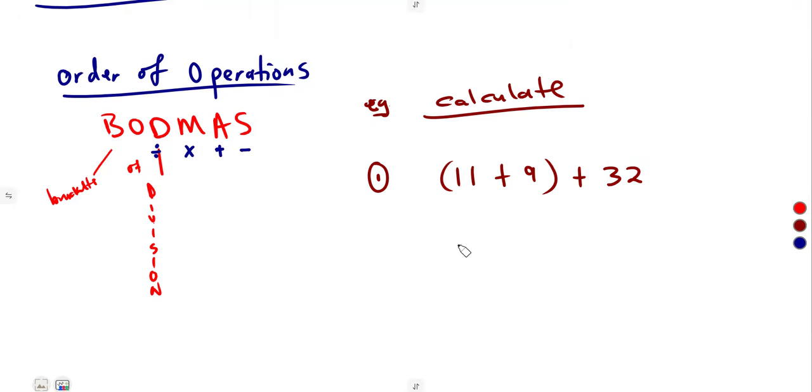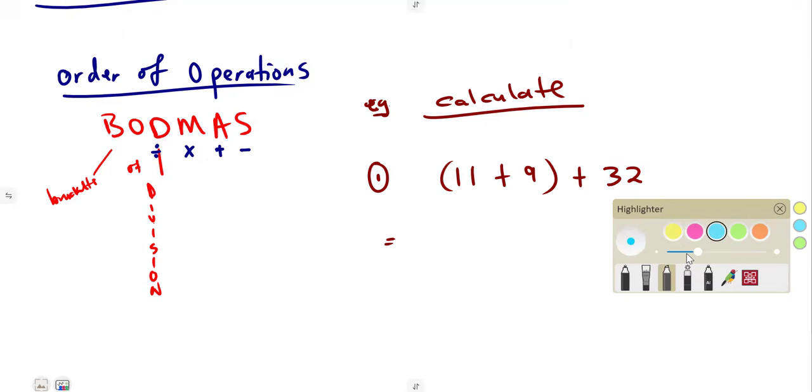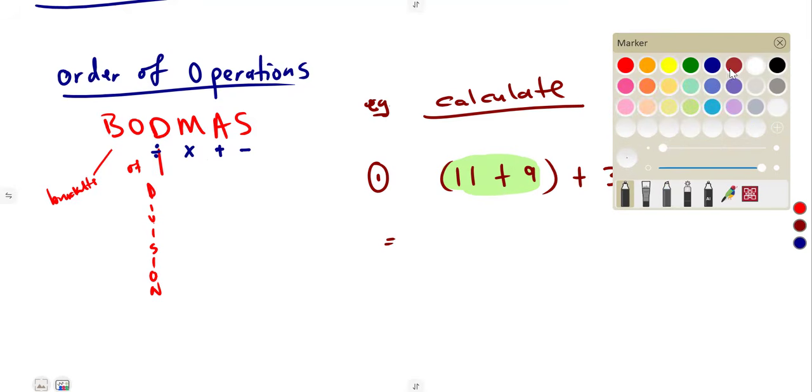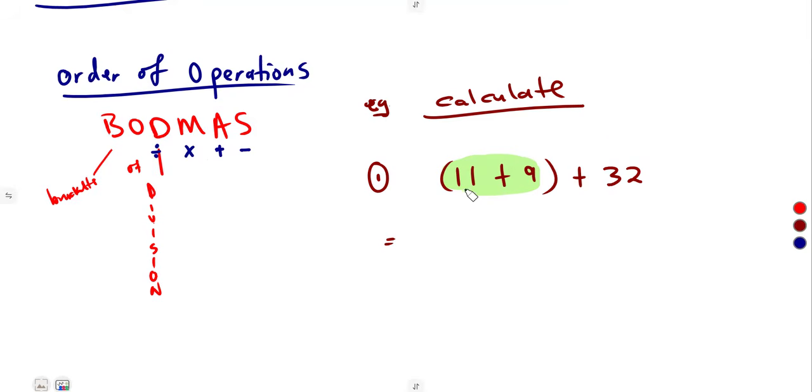So we can consider that part of the brackets. What is it that we have inside the brackets? It's an addition. So just add 11 plus 9, that is what? That is 20. So this whole part is going to give us 20.